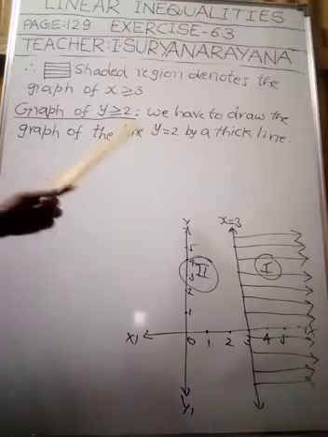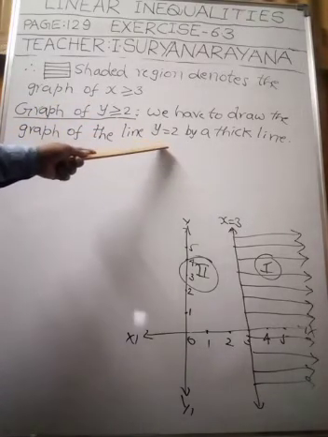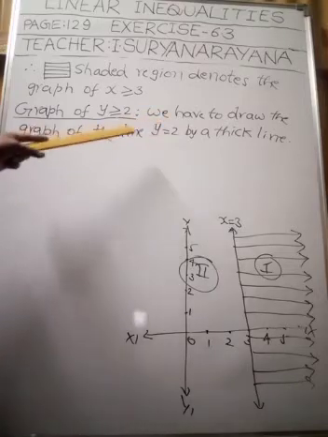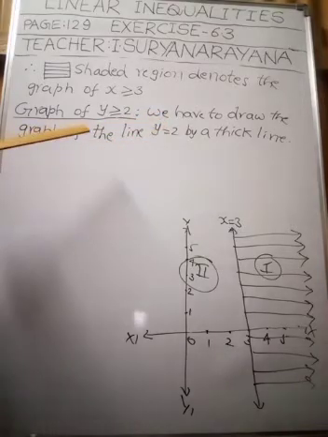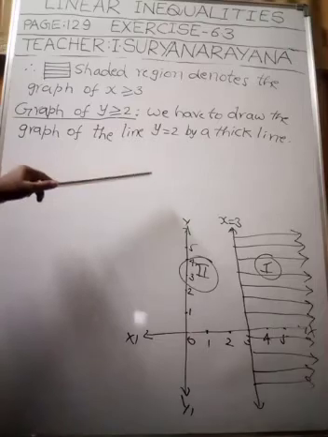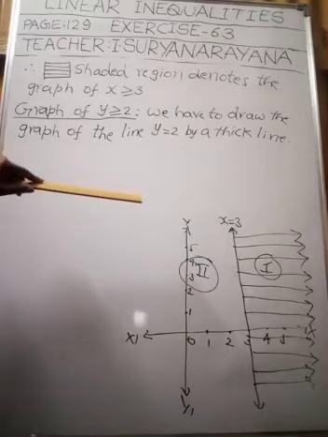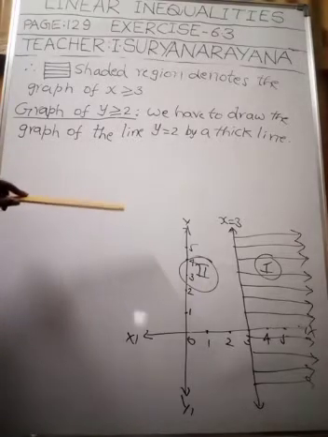Understood this point, my children? Now here only one variable, that is y is equal to 2. So no need to prepare a table, put x is equal to 0, put y is equal to 0. In the previous exercise, in the given linear inequality, first we put x is equal to 0, we got one point A. Similarly, if we put y is equal to 0, then we got another point B. Do you remember these points, my children?